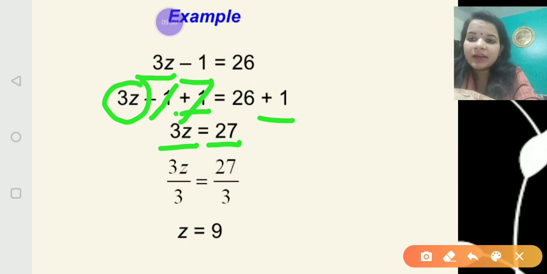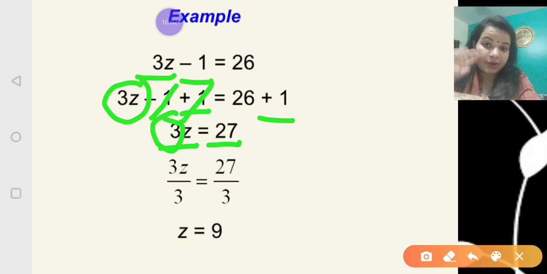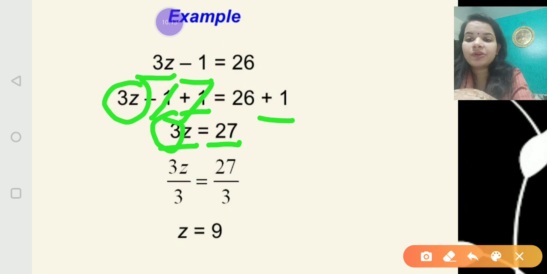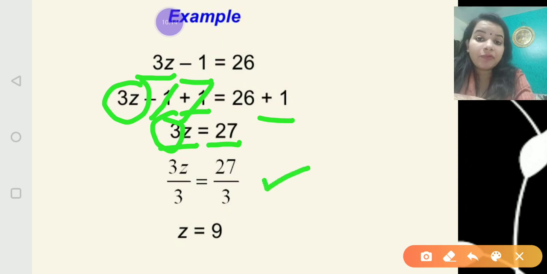With this z, this 3 is extra. You have to remove this 3. So this 3 is in multiplication. For removing it, what will you do? You will divide by 3, right? So you will divide both sides by 3. As you can see in this step, we have divided 3z and 27 both by 3.